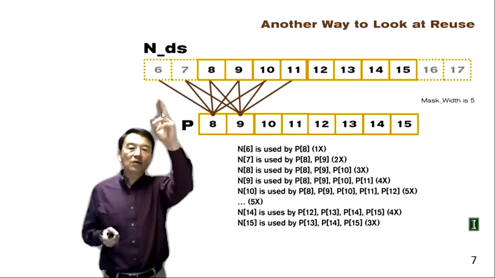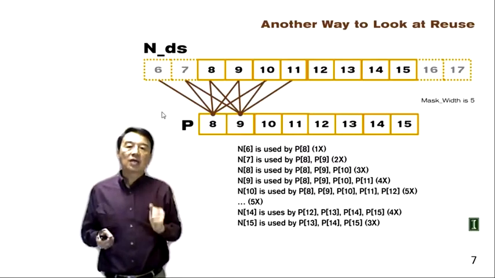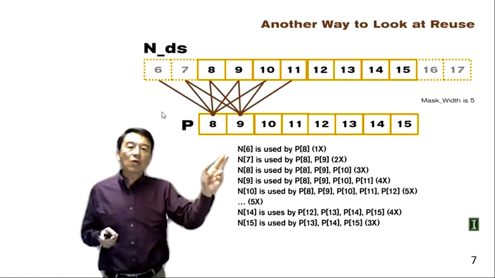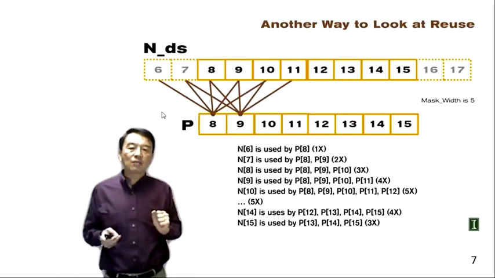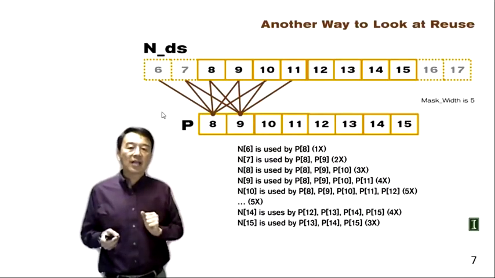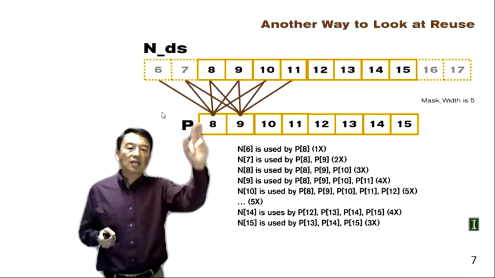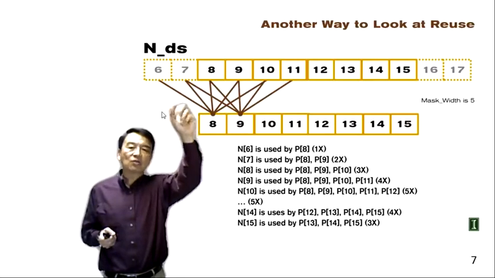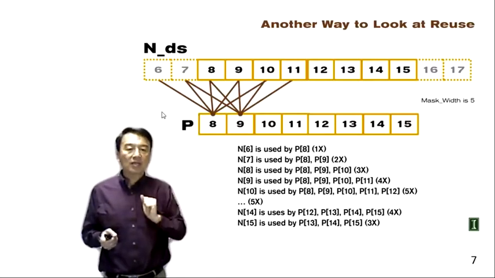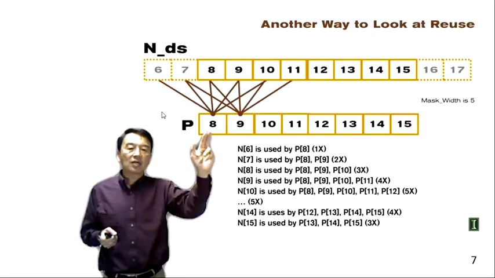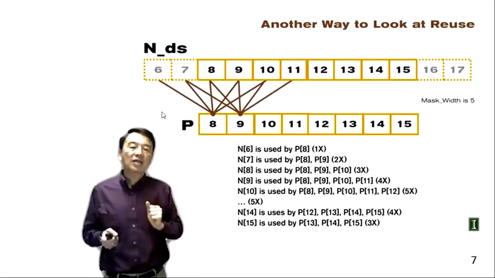For example, when we load element 6 into the shared memory, only one thread is going to use the element to calculate element 8 in the output. On the other hand, element 7 is going to be reused twice: once to calculate element 8 and once to calculate element 9 in the output.